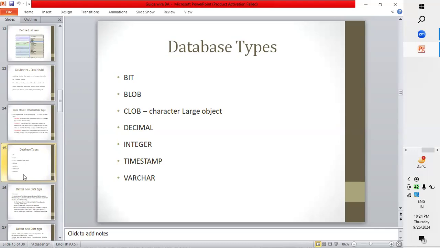Next one, decimal. This one is majorly used to identify the decimal value.